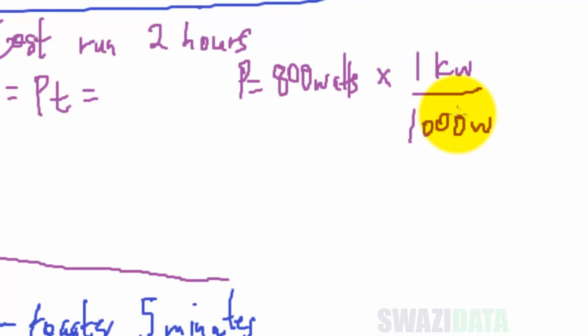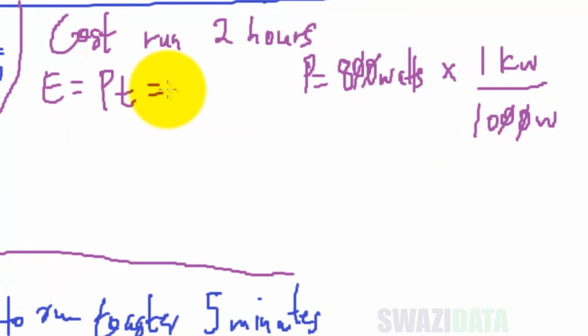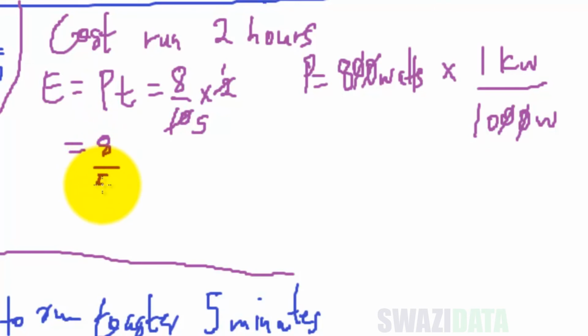The zeros cancel, giving 8 over 10 kilowatts. With the time of 2 hours, we get kilowatt hours: 2 goes into 10 five times, so it's 8 over 5 kilowatt hour.